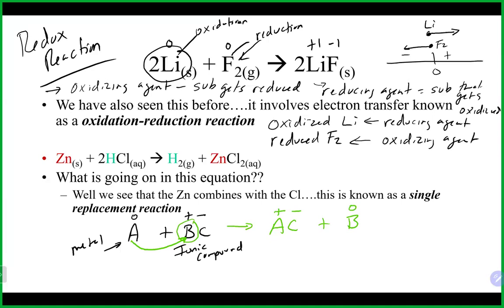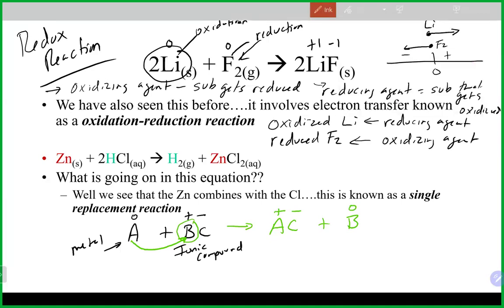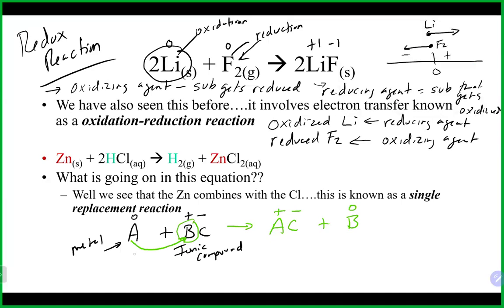You could also have a single replacement reaction that involves a nonmetal. It's set up the same way. This would be a nonmetal plus an ionic compound. That nonmetal would not have a charge to begin with. When a nonmetal gains a charge, it becomes negatively charged.